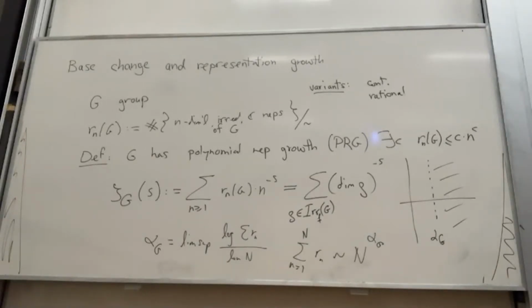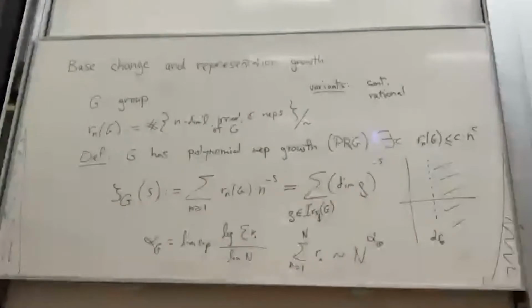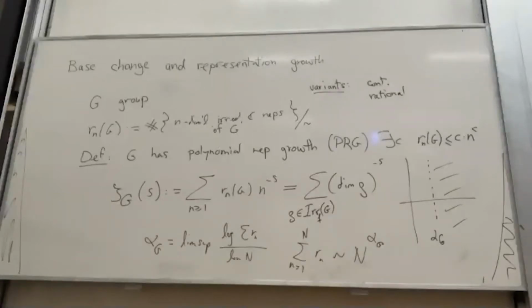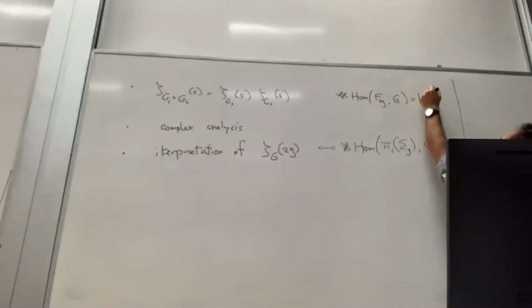Okay, so if G is finite, then these numbers count homomorphisms from the surface group to G. Let me be more precise here. If you take the free group on 2g generators and you count homomorphisms into a finite group, then this number will be |G| to the 2g.